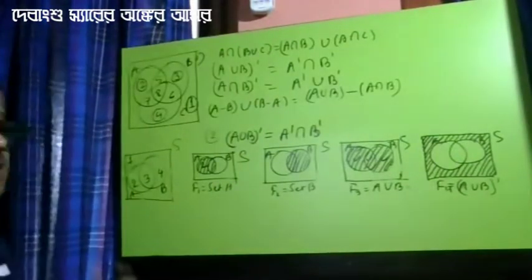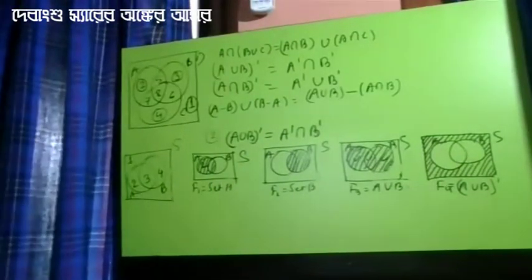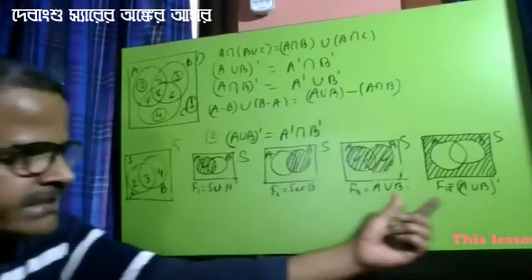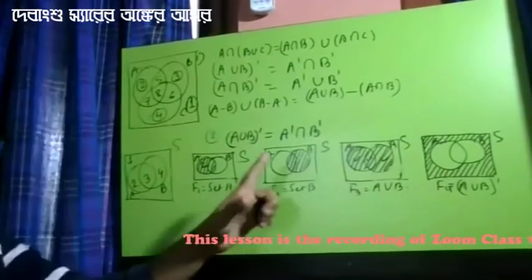This set represents A union B complement. So the diagram of the left hand side set is constructed.